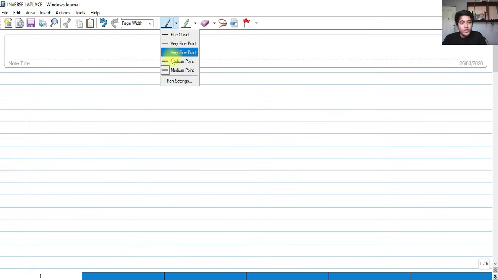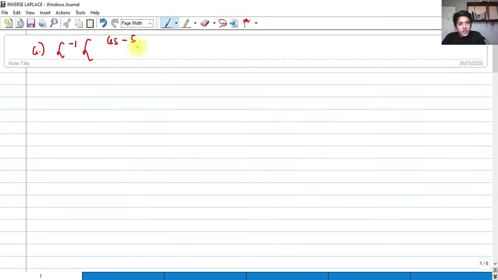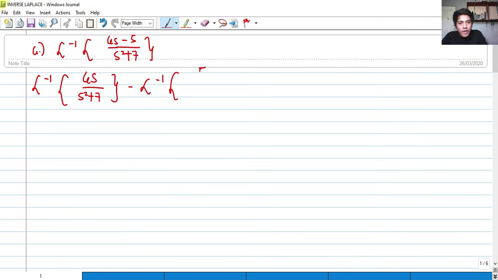For number 6, we shall try: what is the inverse Laplace of 6s minus 5 over s squared plus 7? Again, we can separate this given function. So we have 6s over s squared plus 7, minus inverse Laplace of 5 over s squared plus 7.